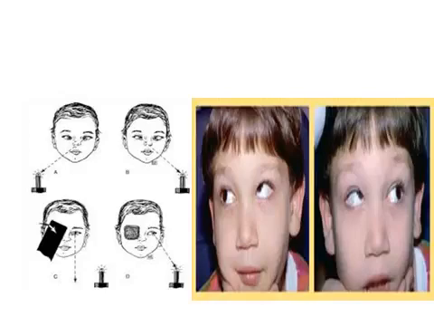So in order to differentiate this condition from bilateral sixth nerve palsy, sometimes we need to do patching for half an hour or sometimes more, in order to force the child to use the unpatched eye to see at different gazes and to demonstrate the full range of movement.